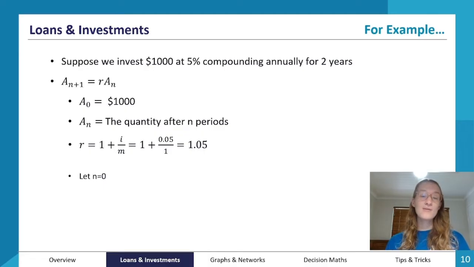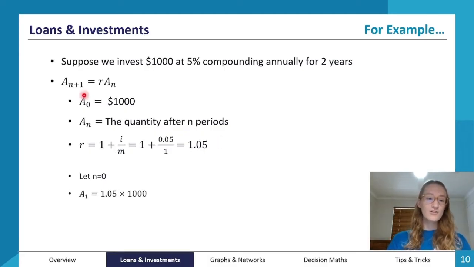So to do that, the first thing we'd say is let n equal 0. So we'd take this formula here and say let n equal 0. So then we'd have 0 plus 1. That would give us A1 is equal to R multiplied by A0, our starting point. So that's what we've done here, A1.